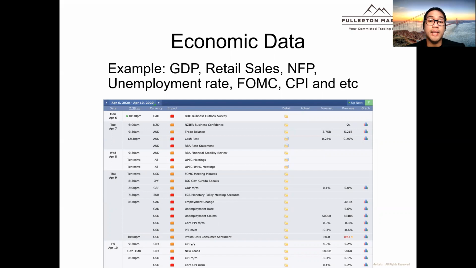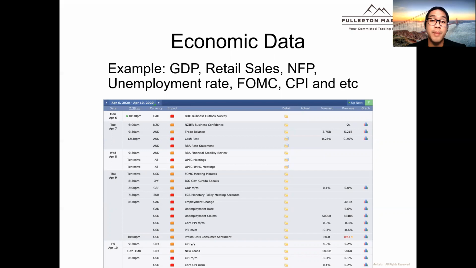So these economic data don't draw the entire picture of an economy, but they are key factors that tell you if the economy is doing well. Now, for each and every economy that you are looking at, each and every country, they may not have the same economic data. For example, Australia and New Zealand may not have the same economic data movers as, for example, the US.